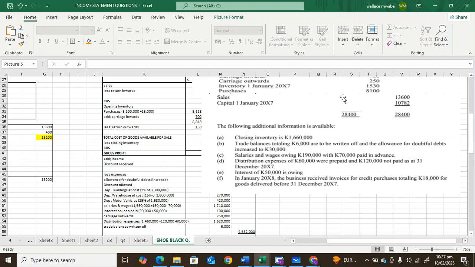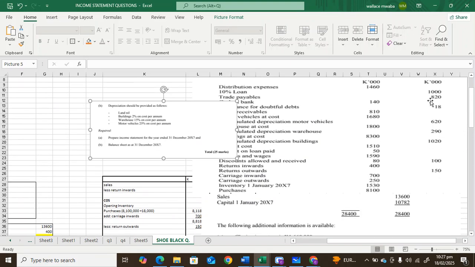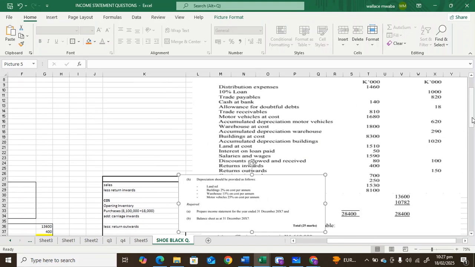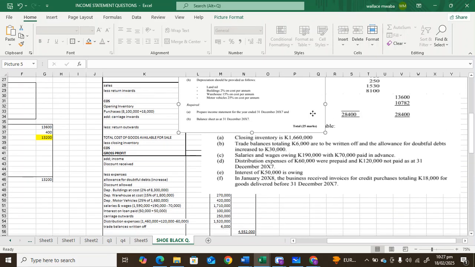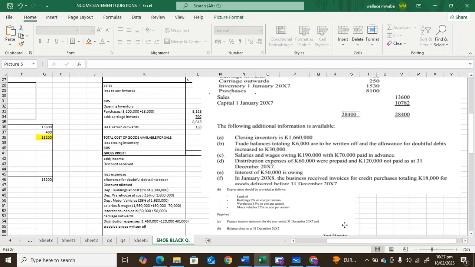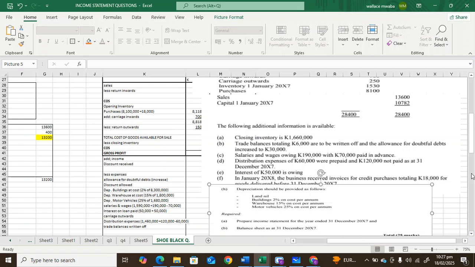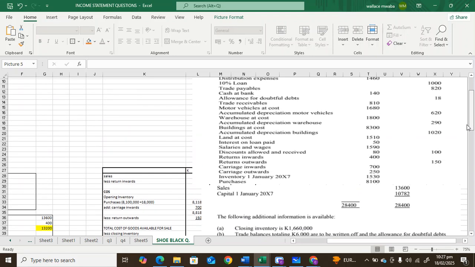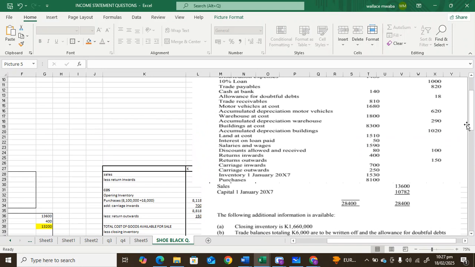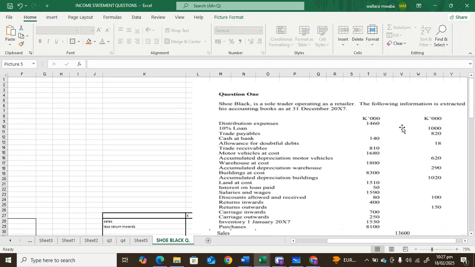Let's see, this depreciation stuff for this. Okay, yeah. So basically, we look for any forms of income that we can add to the gross profit.